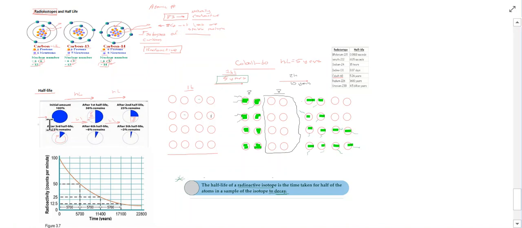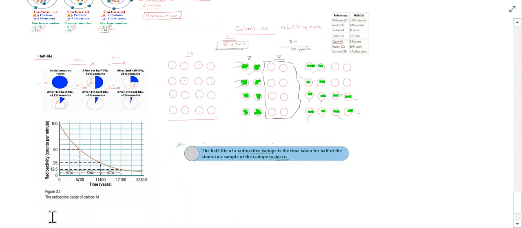And if we have a look at this, this is an example with carbon-14, which we talked about up here. Carbon-14 is a radioactive isotope of carbon, and here we can see it in graph form.